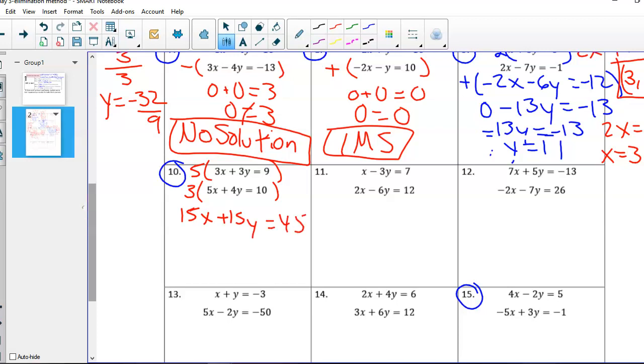So the first one becomes 15x plus 15y equals 45. The second one is 15x plus 12y, hold on 1 second, equals 30.